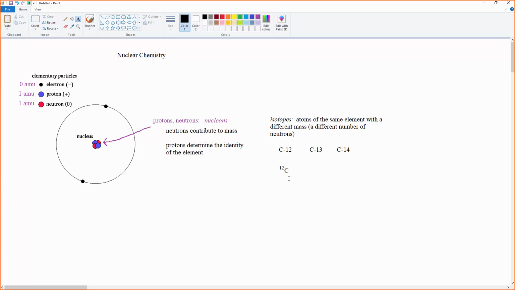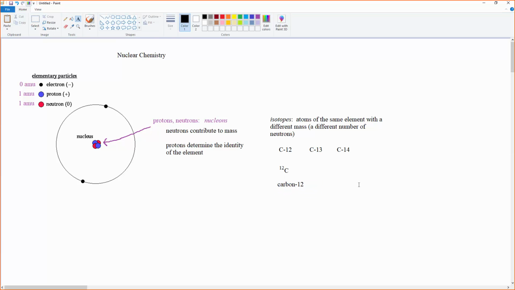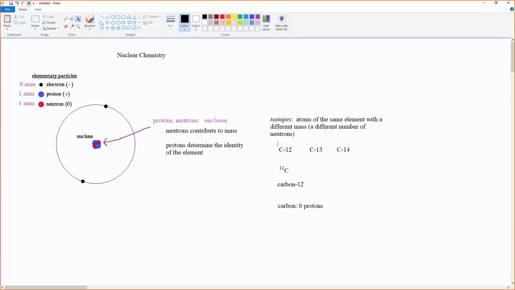These are 2 different ways of expressing that. And of course, you could always just say carbon 12, right? All of these are ways of saying the isotope of carbon with a mass of 12. And of course, you can look up carbon on the periodic table. You can see carbon has 6 protons by definition, which means that carbon 12 has how many neutrons?